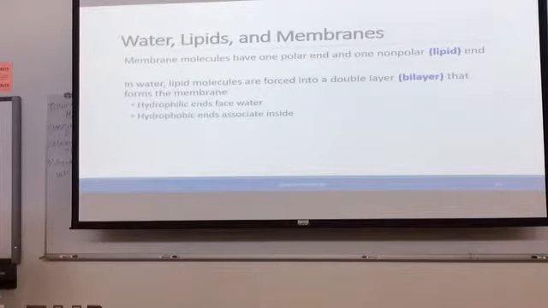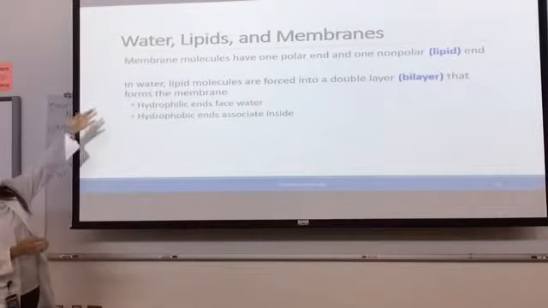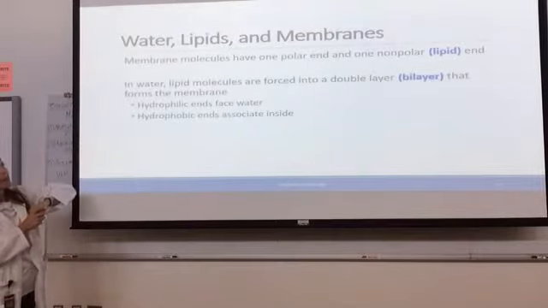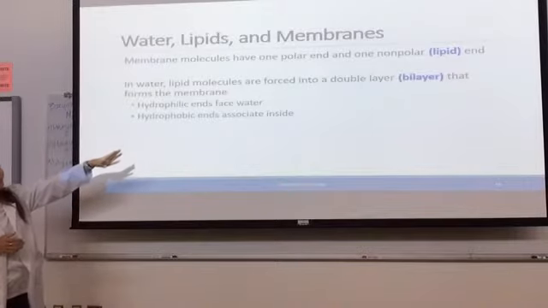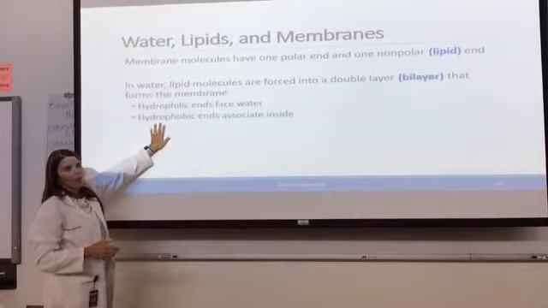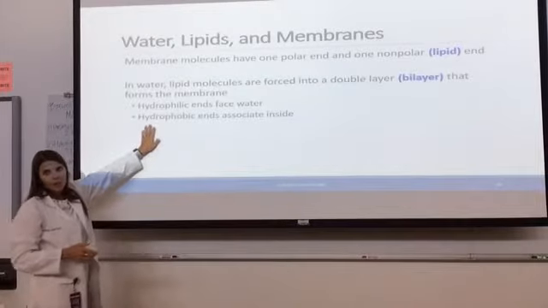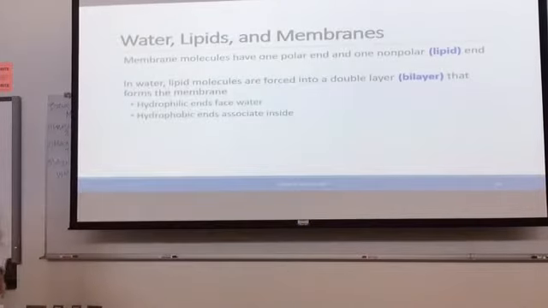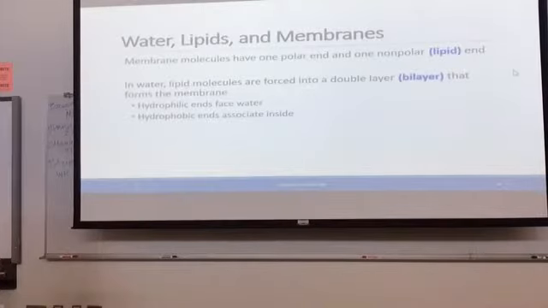So I realize I always use pictures to teach, but I like to include the words too in case you don't get everything that I said there. But it mentions that there's one polar and one nonpolar end, and it forms a phospholipid bilayer, where part of it is hydrophilic and it faces the water, part of it is hydrophobic and it is sheltered from the water. Everyone okay with that?